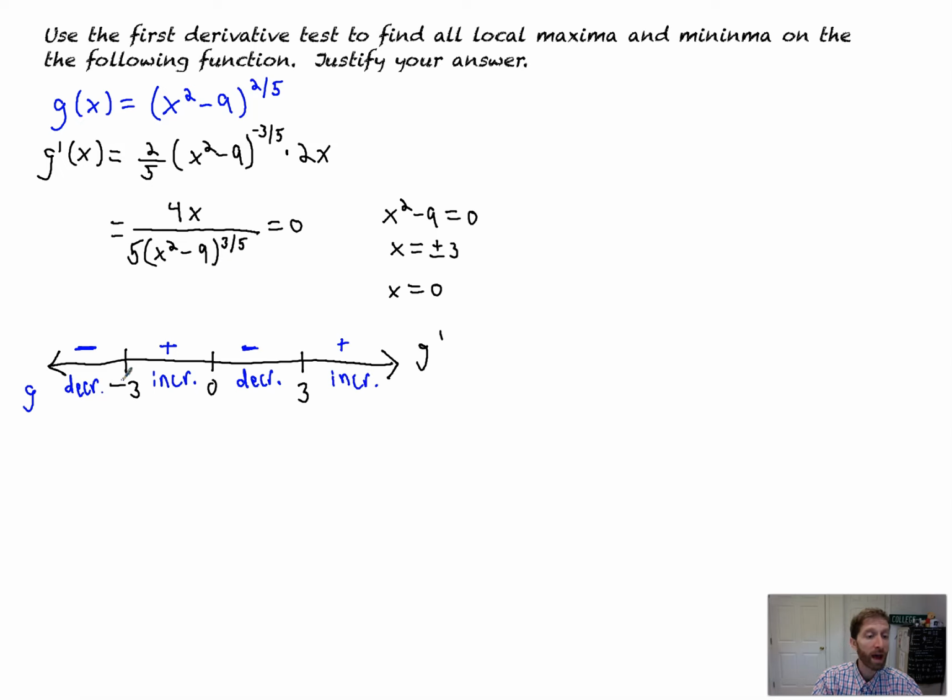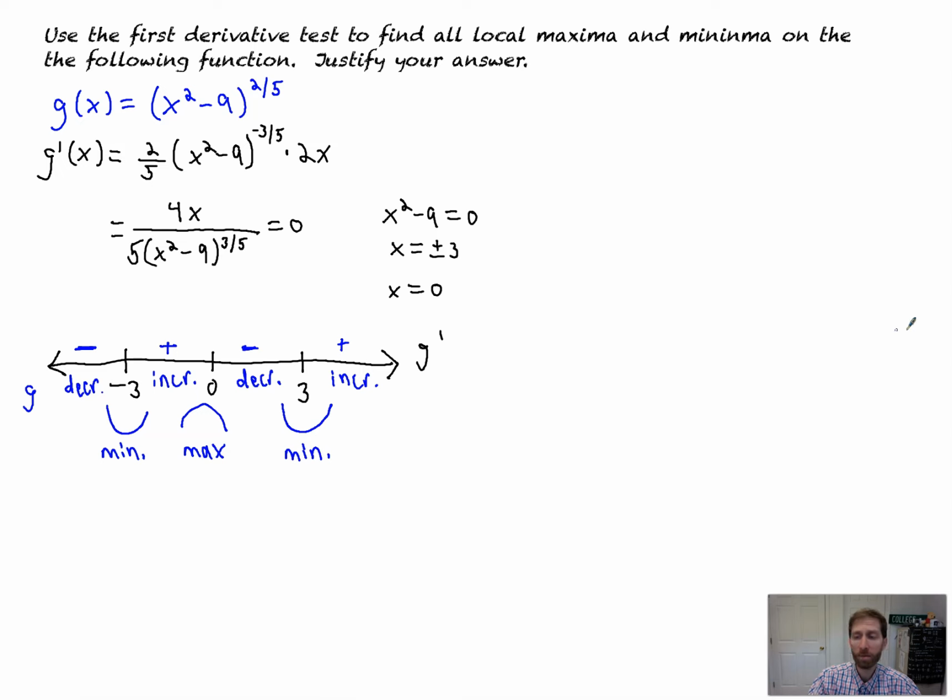All right, so now what does that mean? Well, we're decreasing from -∞ to -3, so we're going down and then up. So we've got a relative minimum at x equals -3. We're increasing to decreasing at 0, so we've got a maximum at x equals 0. And then we go decreasing on g to increasing, which means we have a minimum.